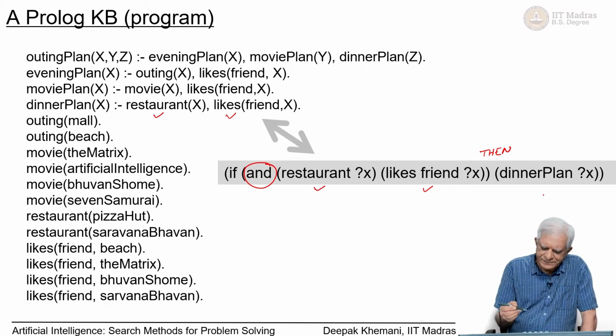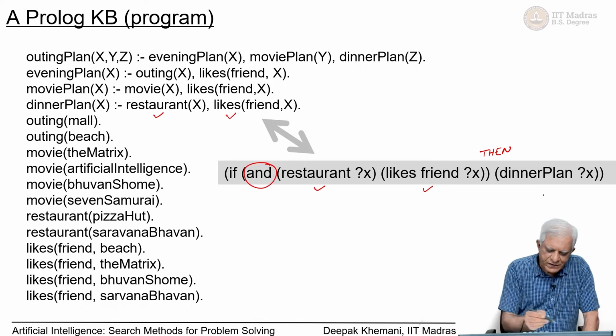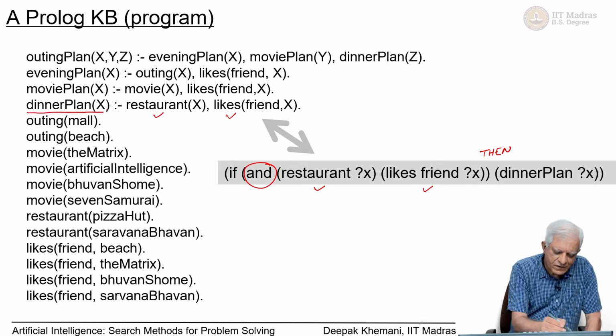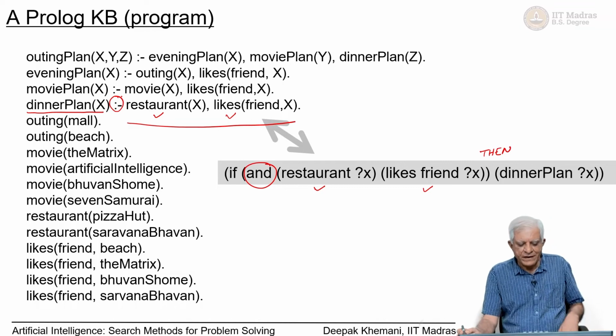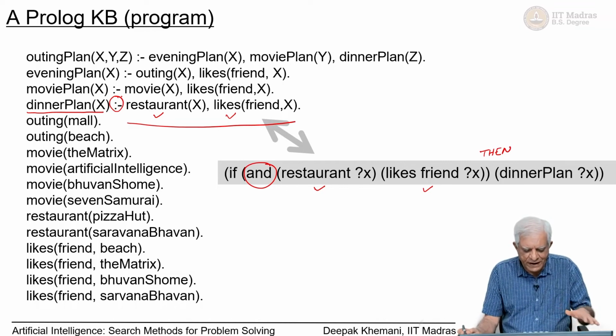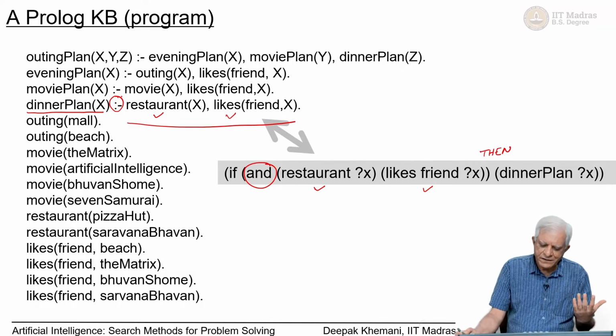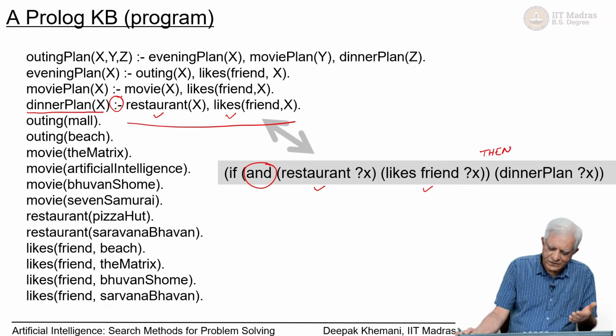The only thing is, in Prolog, the goal, or the consequent, is written first, and the antecedents are written afterwards, and a rule is represented by this symbol here. So, reading the fourth line from left to right in Prolog would say X is a dinner plan if X is a restaurant and your friend likes X.